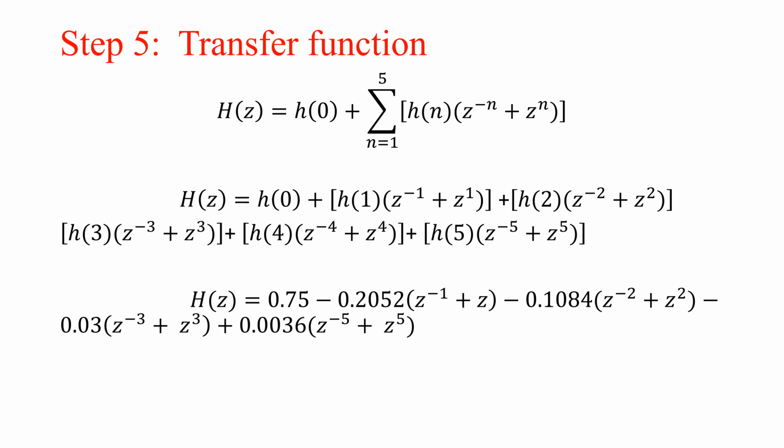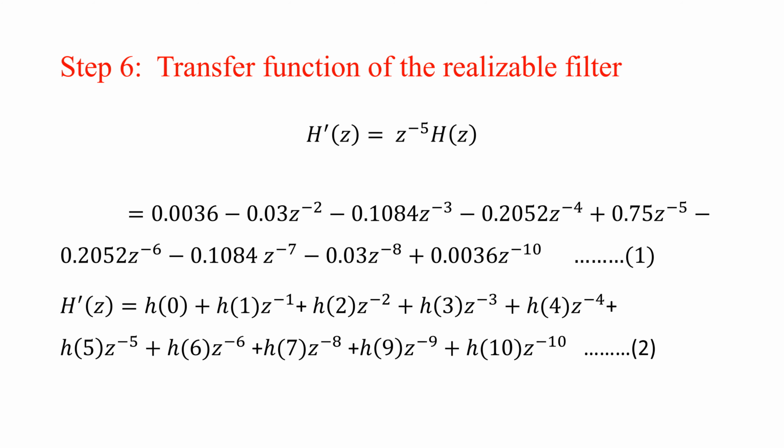Now we have to find the transfer function h of z. The equation is given. In that equation, you substitute the values of small n from n is equal to 1 to 5. Then you can substitute the h of 0, h of 1 values. Then you can get h of z.